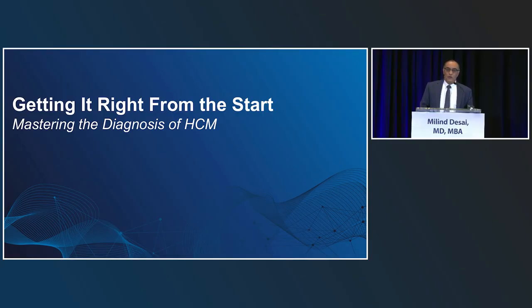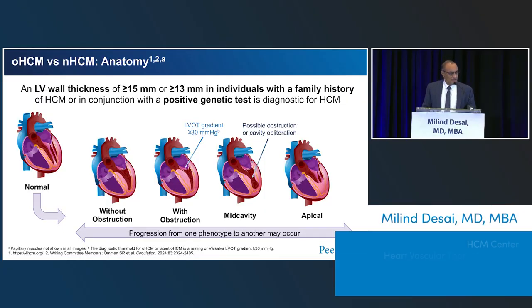So before we go there, we have to go here, right? We have to get it right from the get-go. Again, I'm Milind Desai. Imaging is my background, so HCM is the best disease which lends itself well for a perfect cardiovascular imager. Why is that?